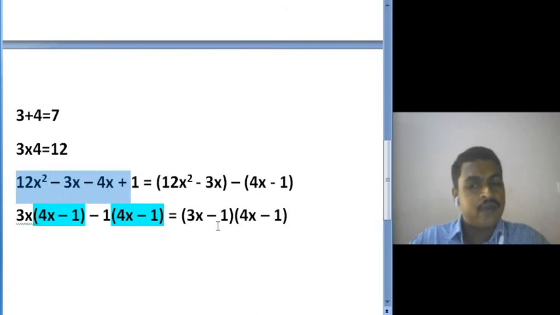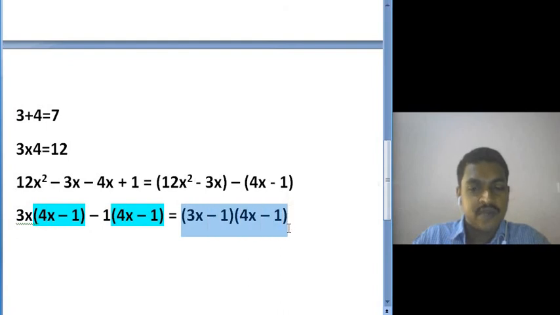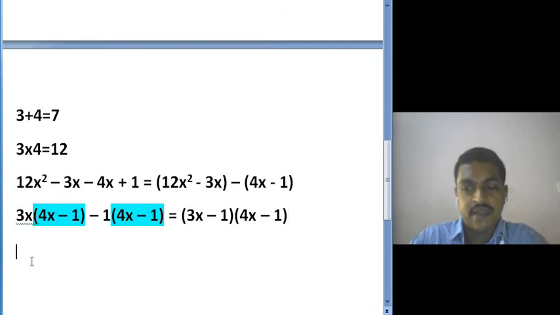So when 12x square minus 7x plus 1 is factorized, you get 3x minus 1 and 4x minus 1 as the factors. So let me write that question again.